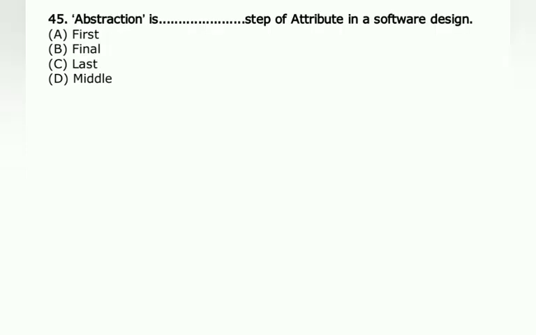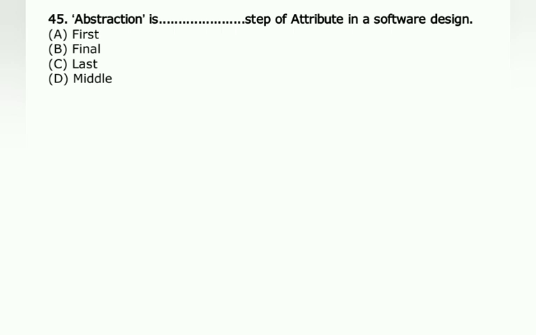Next one. Abstraction is a dash step of attribute in software design. Abstraction is the first step in software design. Abstraction is the process or result of generalization by reducing the information content of a concept or an observable phenomenon to retain only information which is relevant for a particular purpose.